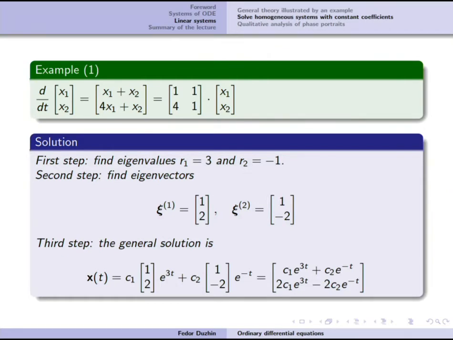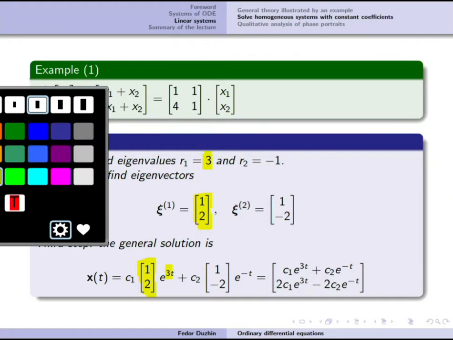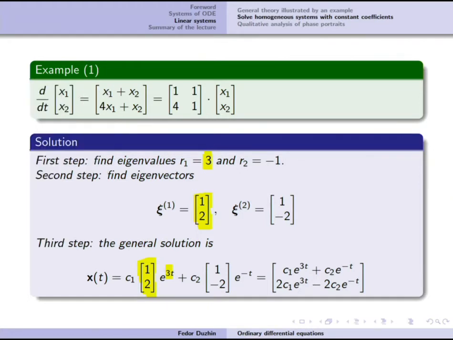So the first eigenvector goes here. Then its corresponding eigenvalue is 3, so it is here. The second eigenvector goes here. The corresponding eigenvalue is -1, so it goes here. And that's the answer.